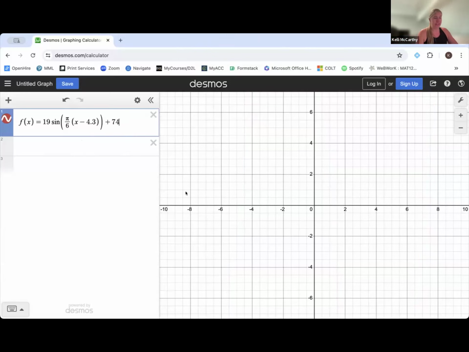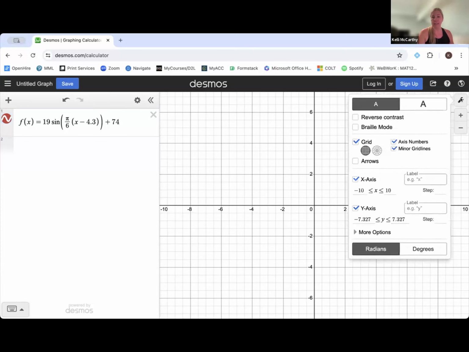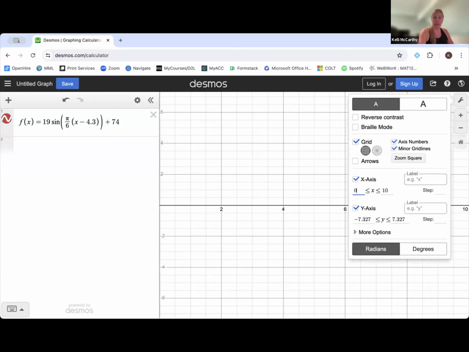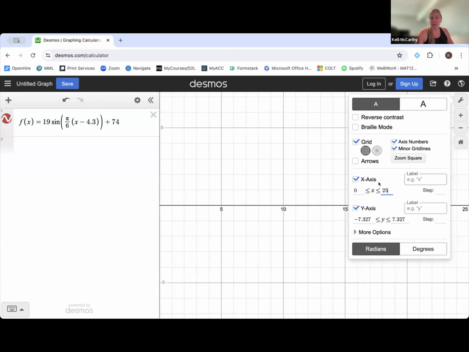Now, if I look, it doesn't look like anything's actually graphed. So now we want to modify the window. We gave specifications of that window. We wanted to go from 0 to 25 on the horizontal axis, and 0 to 125 on the vertical axis. So we're going to do that in Desmos by going to the graph settings. I can change my x-axis. We want to go 0 to 25.